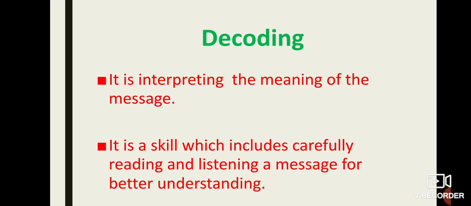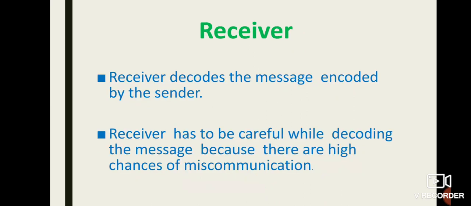We'll move to our next step, which is the final step, the receiver. The receiver decodes the message encoded by the sender. Receiver is the person for whom the message is intended or targeted. The receiver decodes the message depending on his knowledge of the subject matter, experience, trust and relationship with the sender.